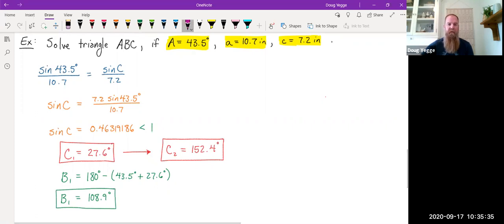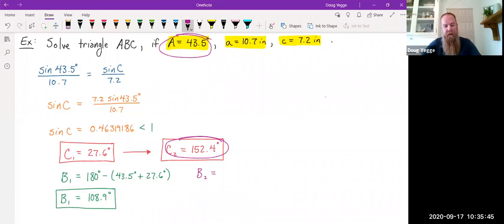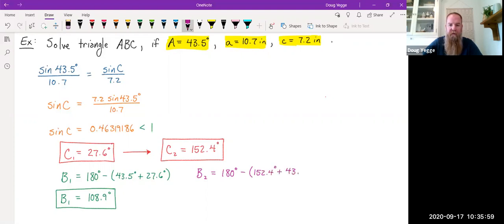So let's go over to this one and find angle B2. Now angle B2 is going to be, again, using angle A and angle C, and then finding angle B. So we've got 180 degrees minus the sum of 152.4 plus 43.5 degrees.